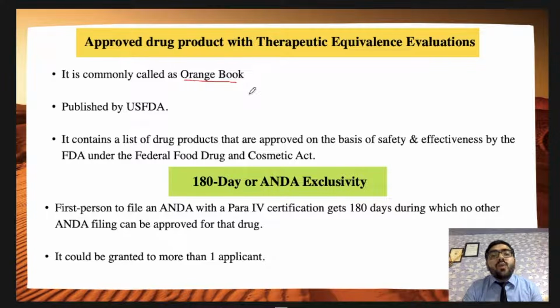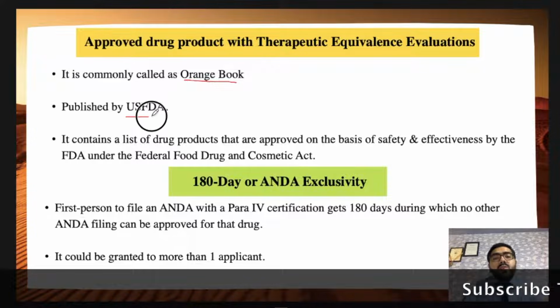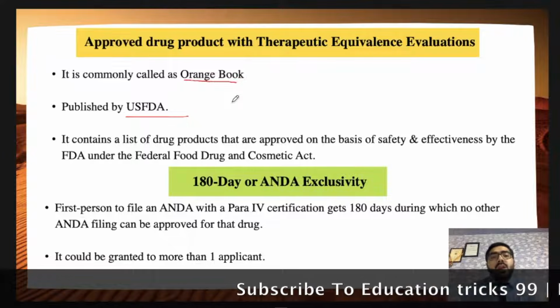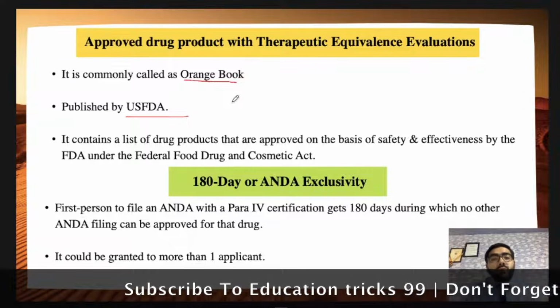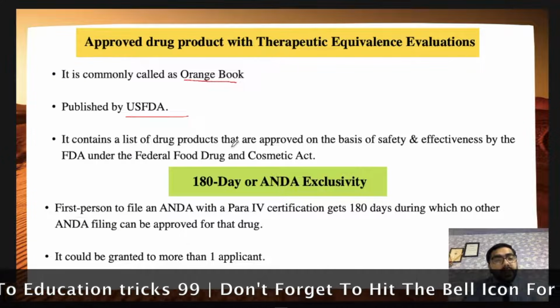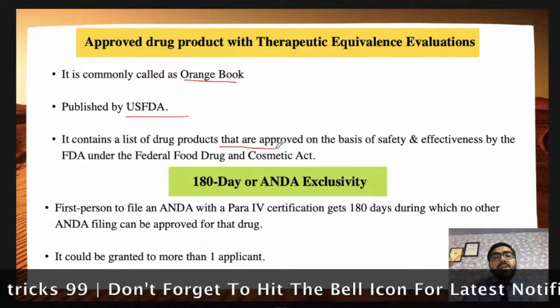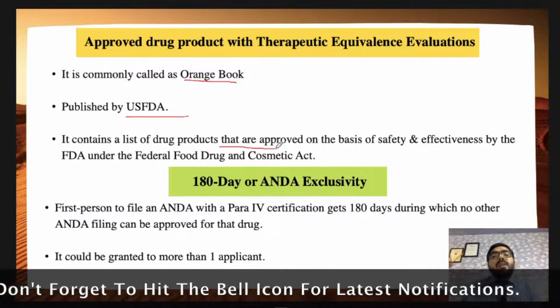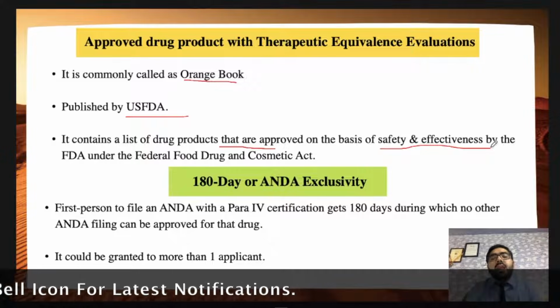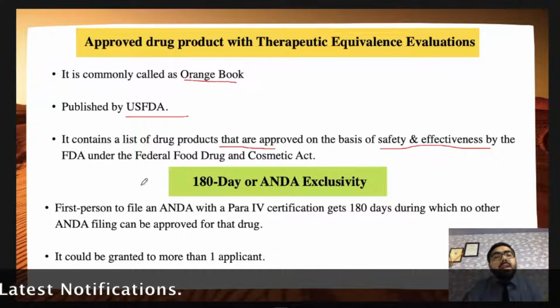This book is published by the US FDA, and it contains a list of drug products which are approved on the basis of safety and effectiveness, or we can say efficacy, by the FDA under the Food, Drug and Cosmetic Act.